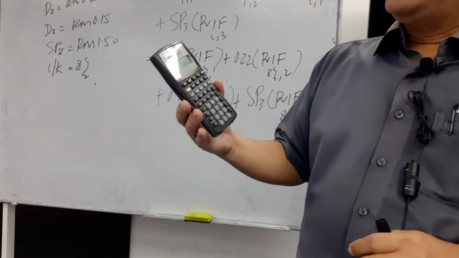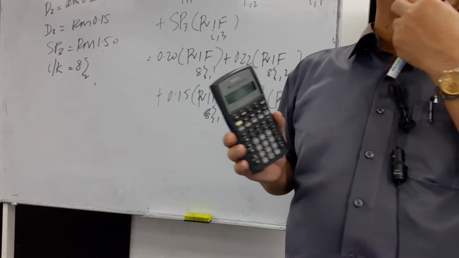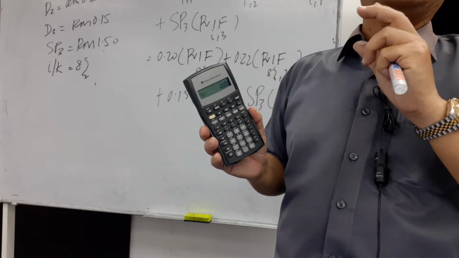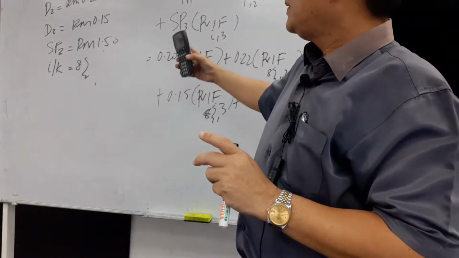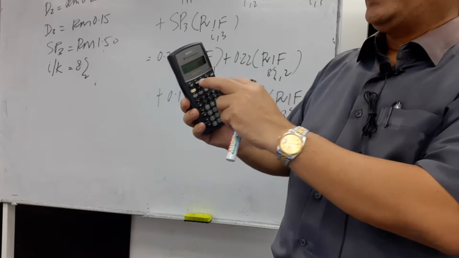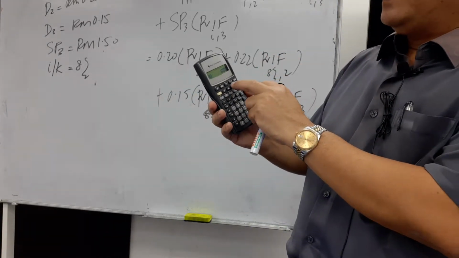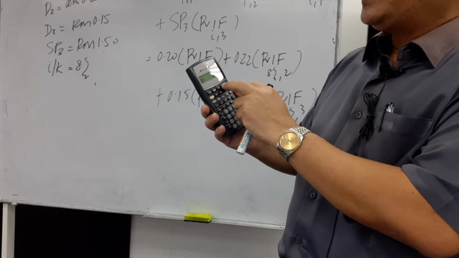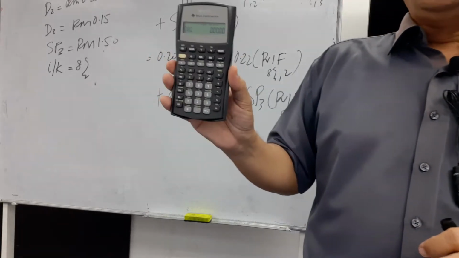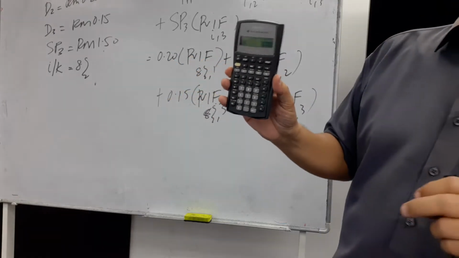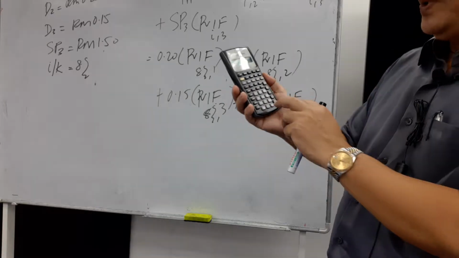Then F1, F stands for frequency. Frequency by default is 1, since here there is only one dividend payment of 20 cents, so just push enter. Next push the downward arrow again, and at C2 key in D2, which is 0.22.